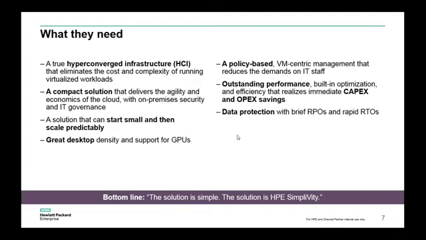Outstanding performance, built-in optimization and efficiency that realize immediate capex and opex savings, and data protection with brief RPO and rapid RTO. As a bottom line, the solution is simple. The solution for all these requirements is HPE SimpliVity.